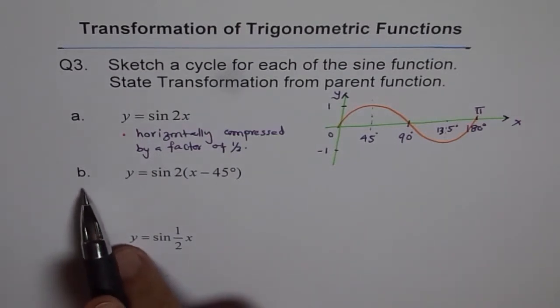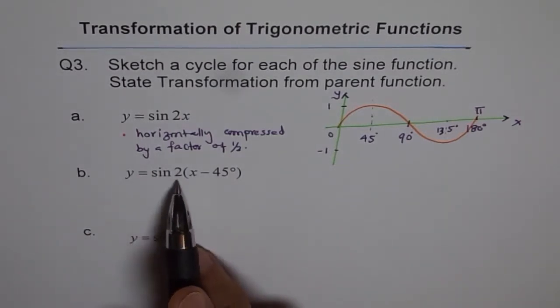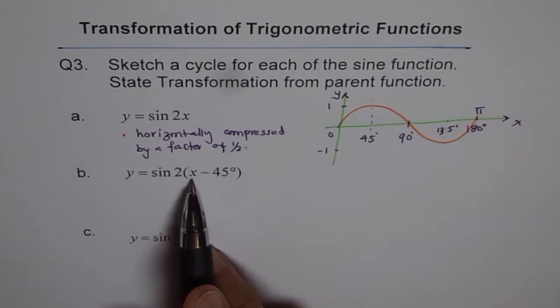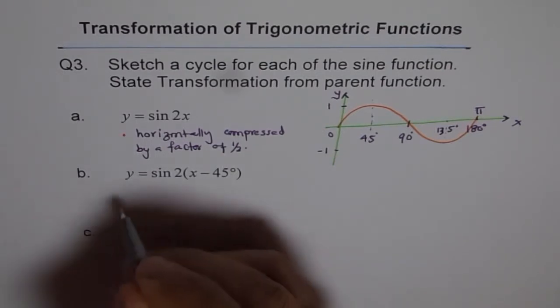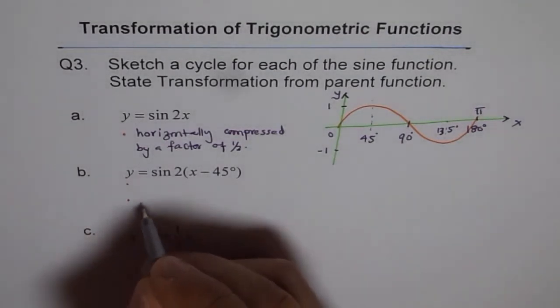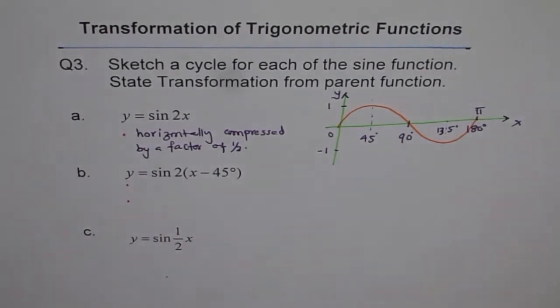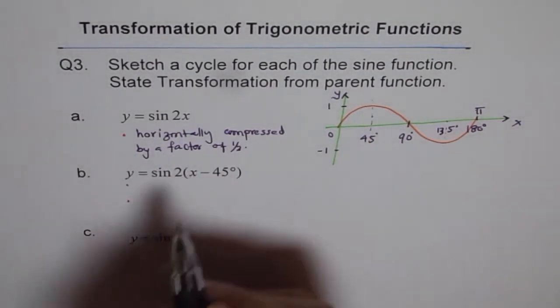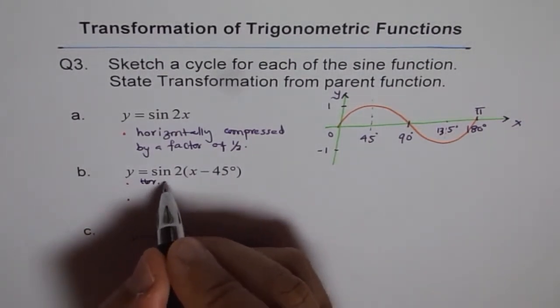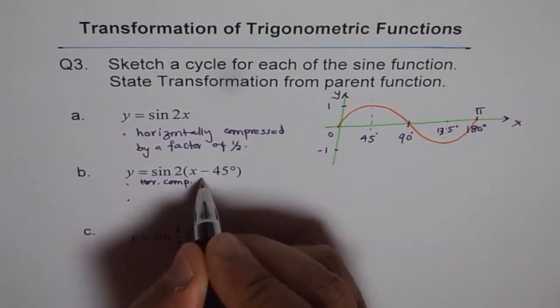Now let's move on to b. b says sine of 2 times x minus 45. What is the transformation in this particular one? There are two transformations here. One is the same as we had previously: horizontally compressed by a factor of 1/2. Let me write it in short form: horizontally compressed by half factor.